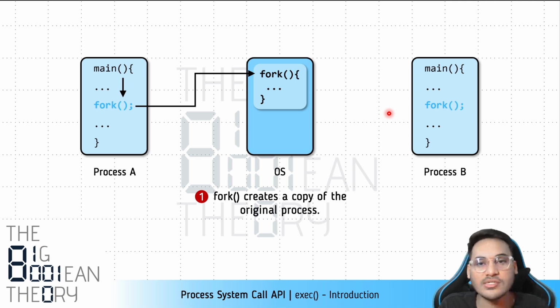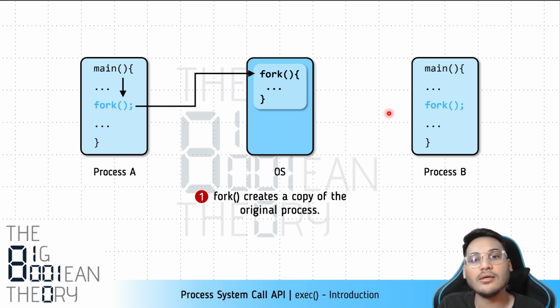Although we have a new process, the program being executed remains the same. This new process is executing the same piece of code. It has the same instructions, the same values of the data, the same files opened by the original process, and the same values of the registers. Everything remains the same except for a few minor values like the process ID.